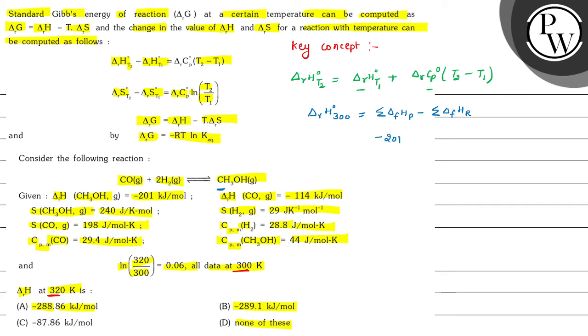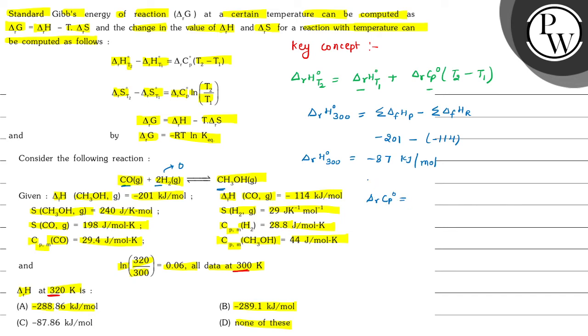So −201 minus, at the reactant side CO and H2 are present; for H2 the standard enthalpy of formation is 0, and for CO it is −114. So minus (−114). The value comes out to be −87 kilojoule per mole.